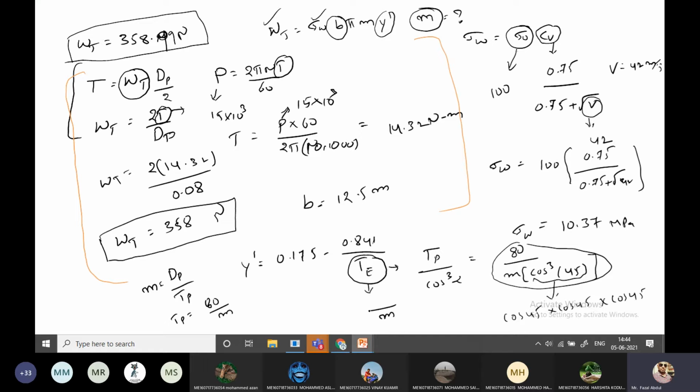Now, what is the value of this upper portion, the numerator? How much is the TE value, the effective number of teeth on a pinion?